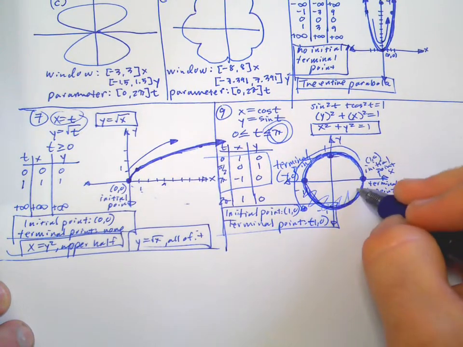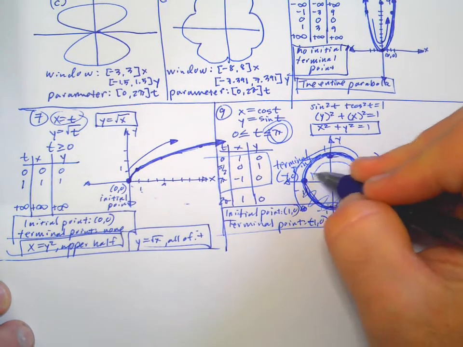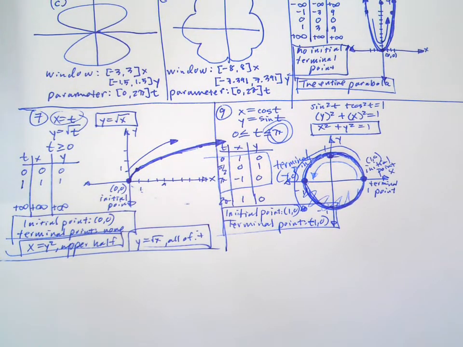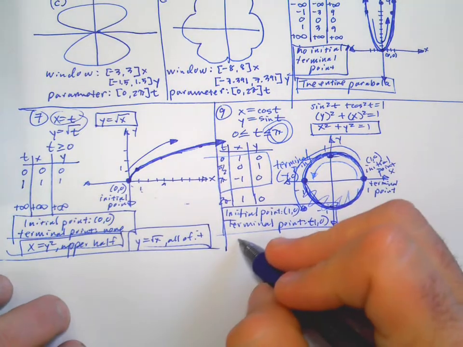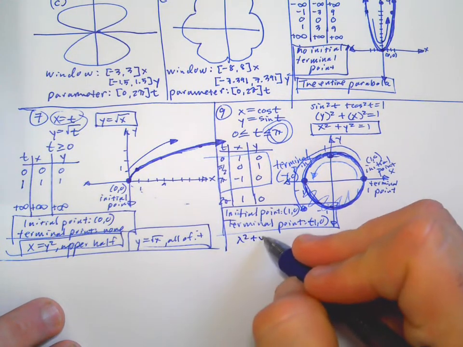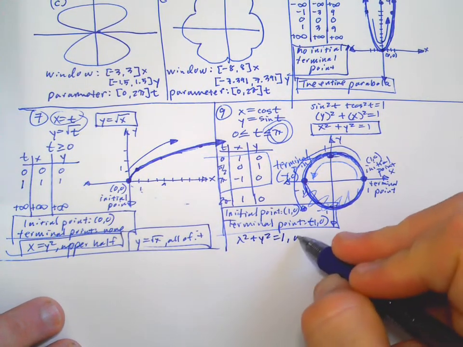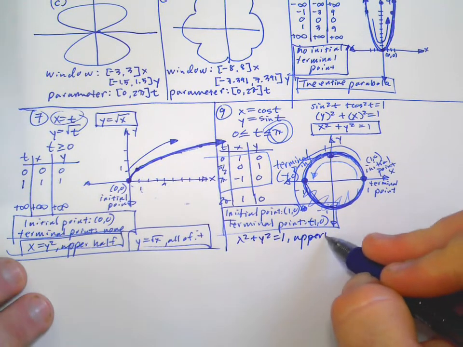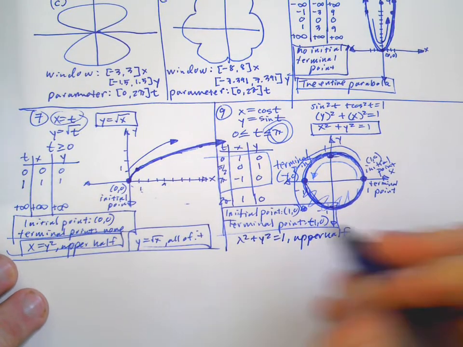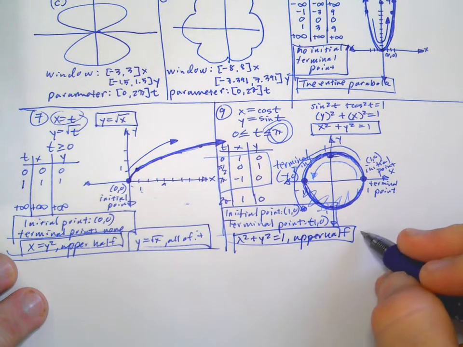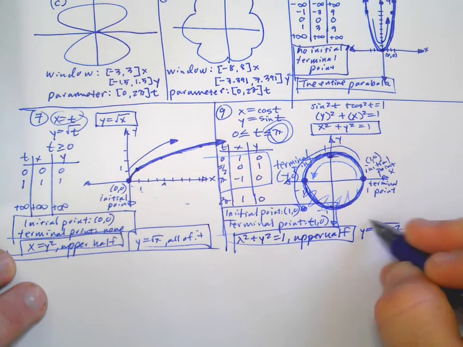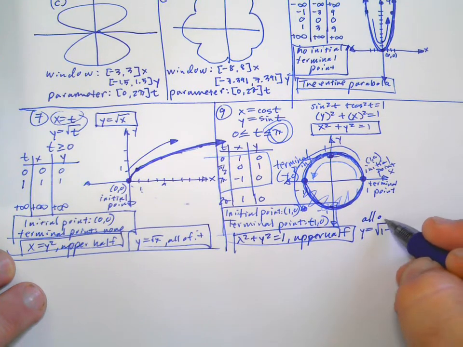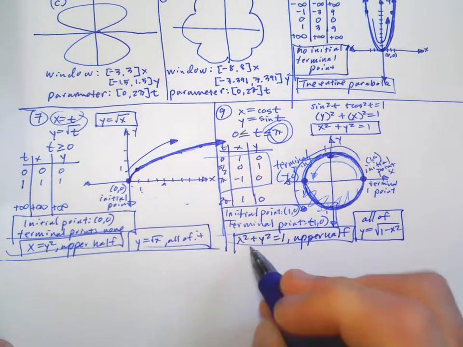It's not going to be this. It's going to go this direction. Okay. But then it stops. So it's only the upper half of the circle. So we could say it's x squared plus y squared equals 1, upper half or something. Or you could say it's y equals the square root of 1 minus x squared if you were to solve for y explicitly.